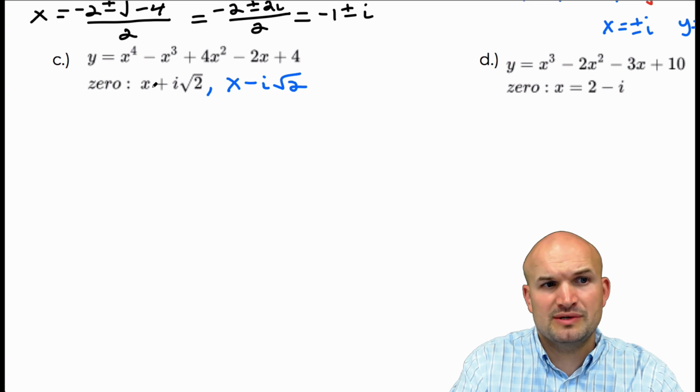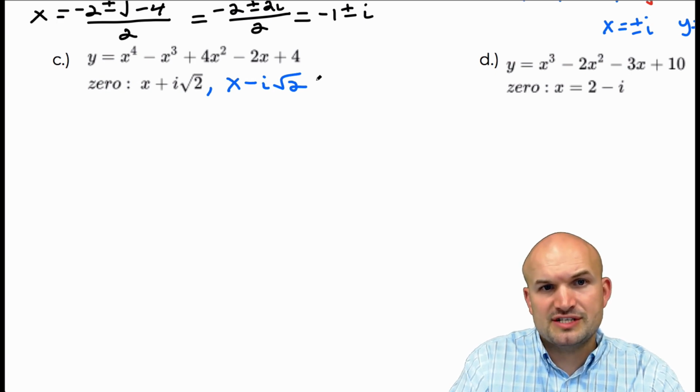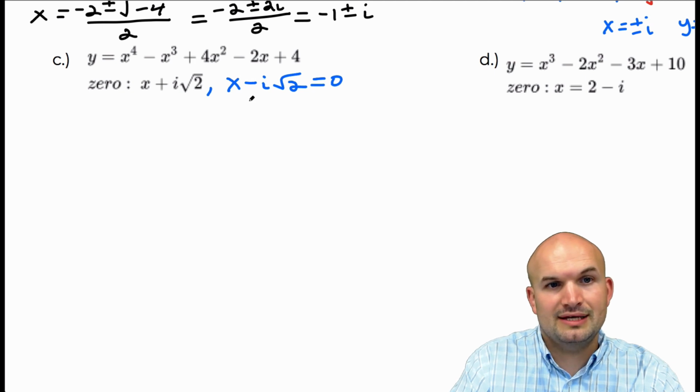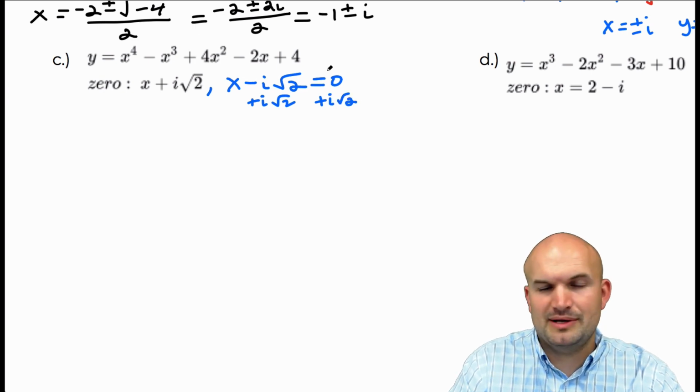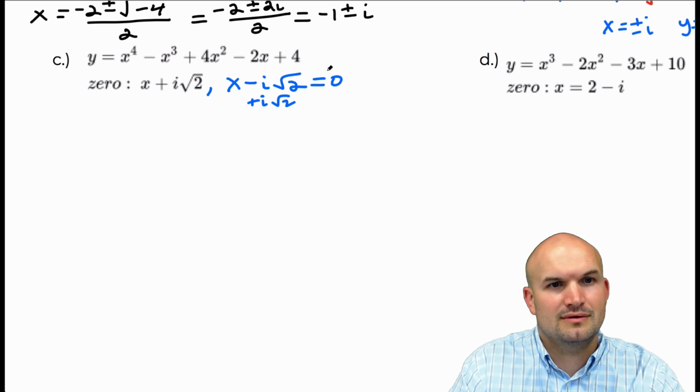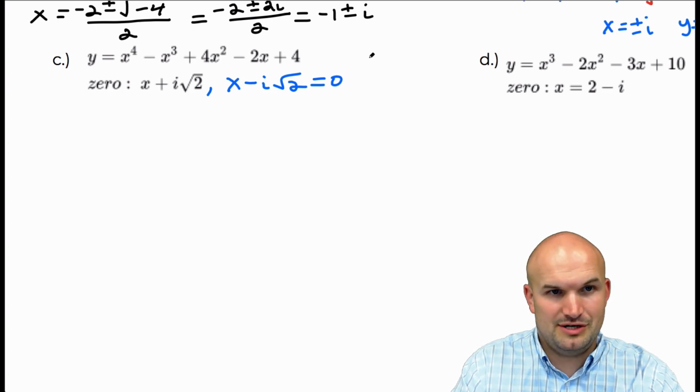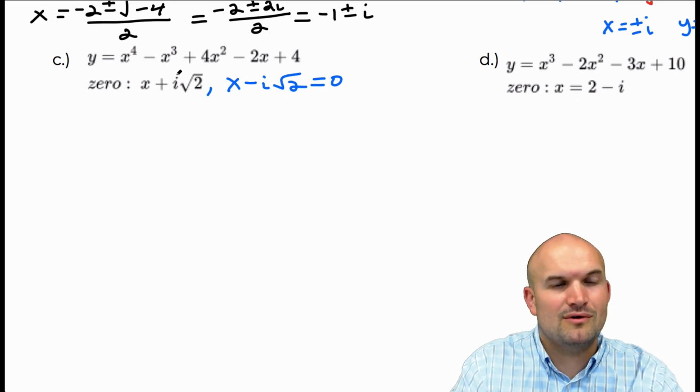So what I prefer to do is understand that if these are your zeros, then all I've got to do is move the i square root of 2 to the other side. Wait a minute, what am I doing? Oops, I wrote that wrong.